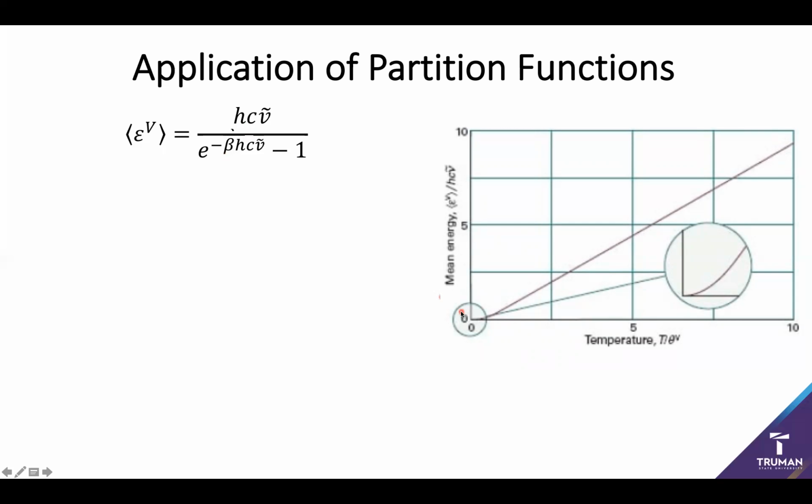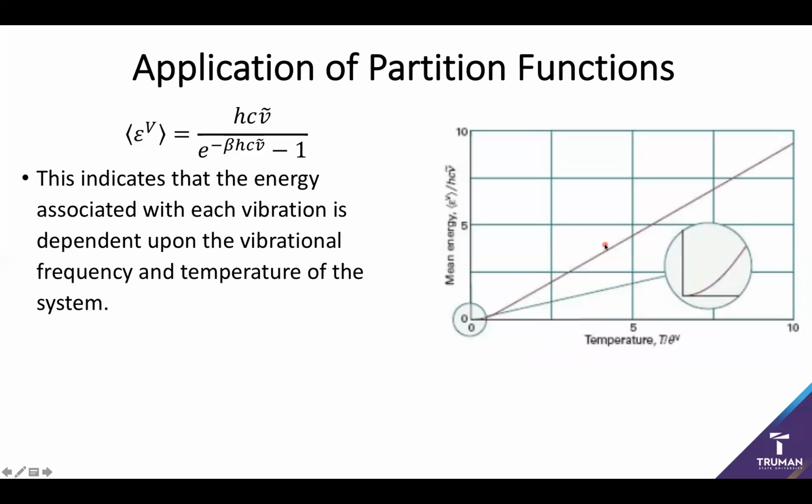It's got this low temperature behavior, for which you actually have to use our vibrational energy expression, but it also has a high temperature region where we're going to see a linear behavior of the mean energy with respect to temperature. But again, what we're going to be seeing is that the behavior of the system is really going to be dominated, as we've seen before, by the vibrational energy and the temperature.